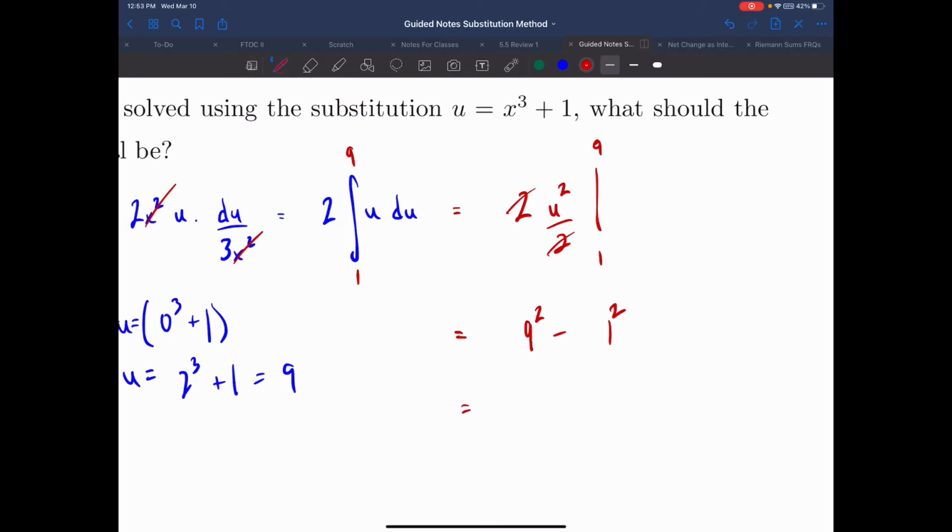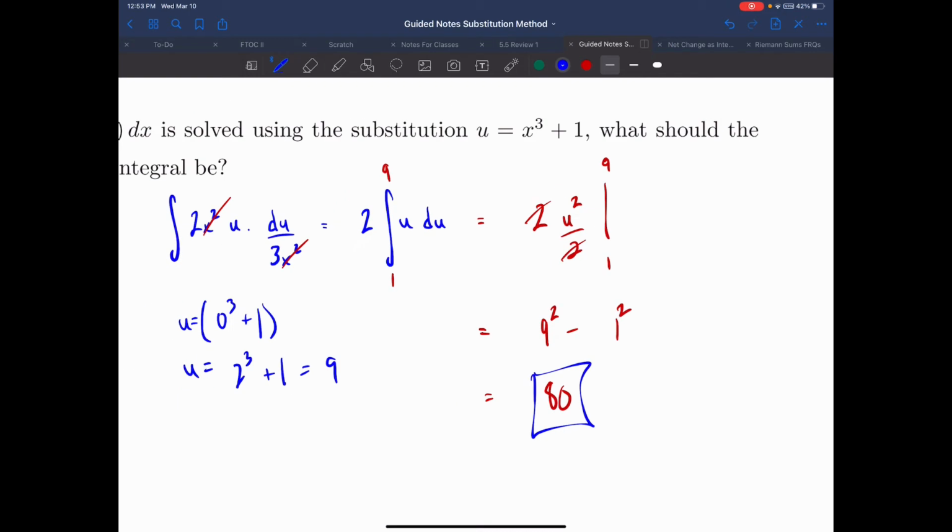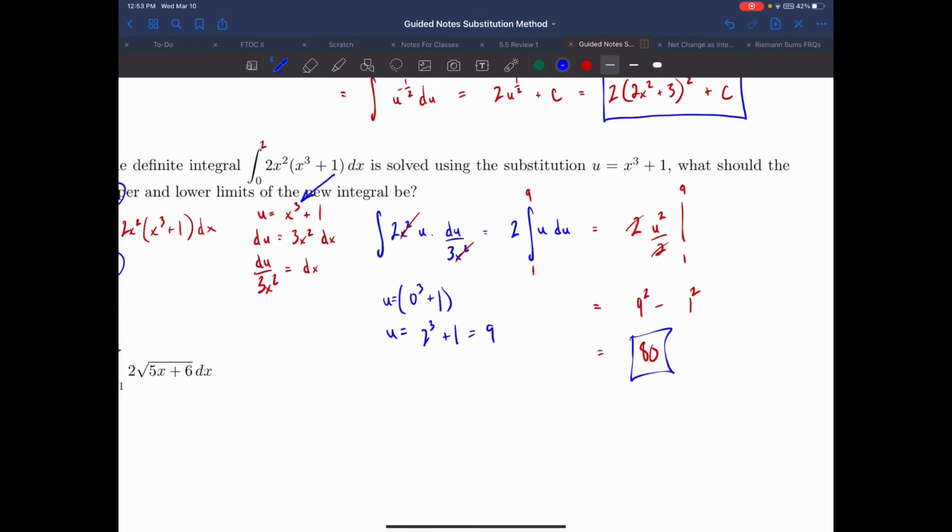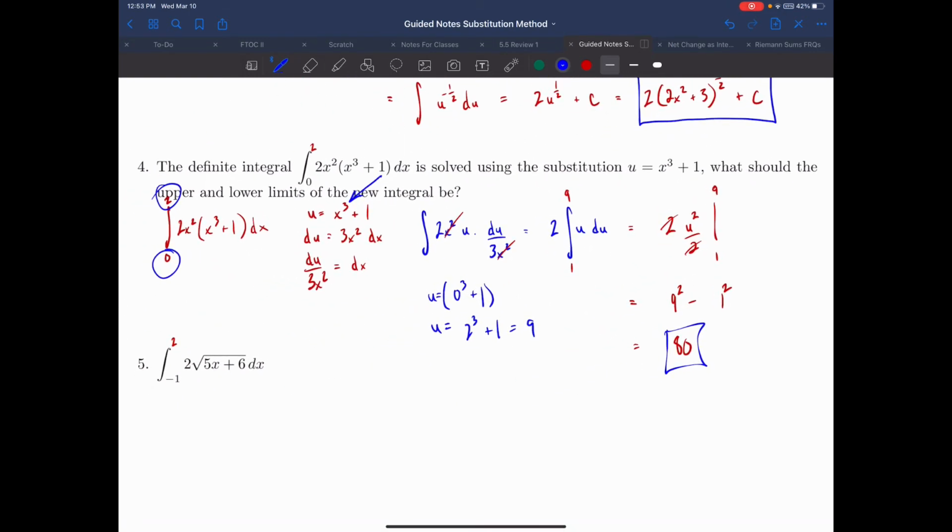So 81 minus 1 is 80. So you can change the upper and lower limits by just plugging your x values, your limits of integration, into u and getting new limits. Okay, so let's do this one like that too.